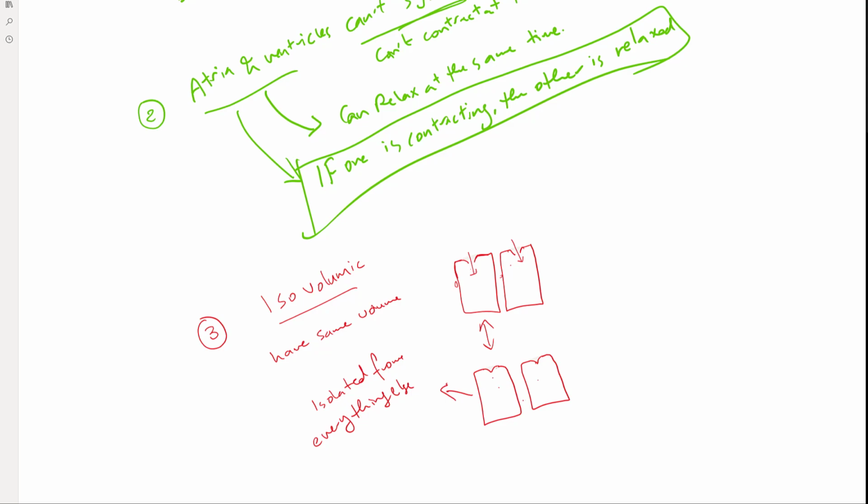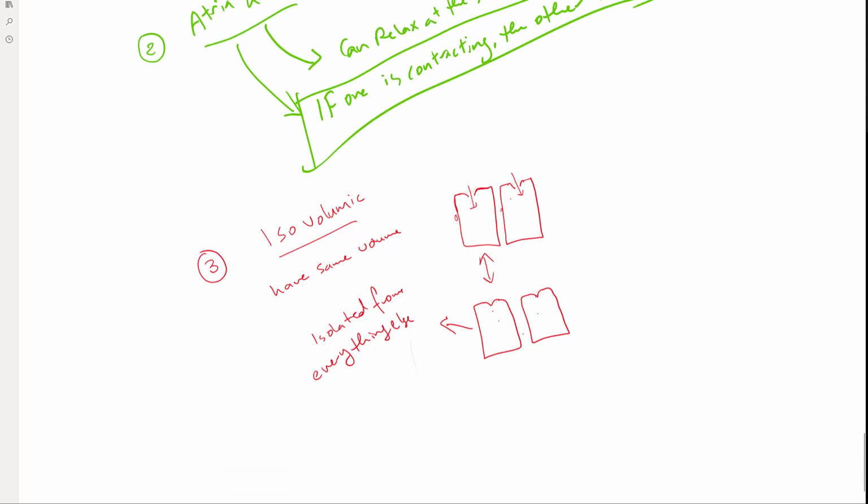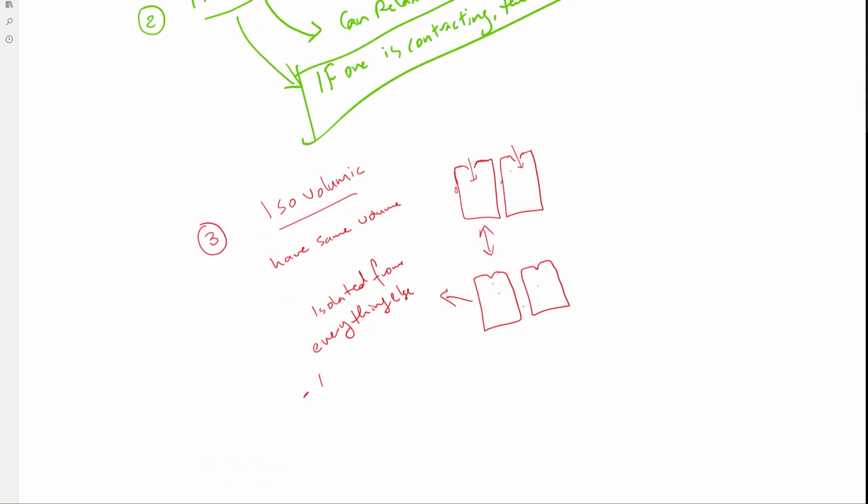But what does this mean for the ventricles? That there are brief moments when all valves are closed, the semilunar valves and the AV valves. When all of those valves are closed, we will get those two chambers in an isovolumic situation.